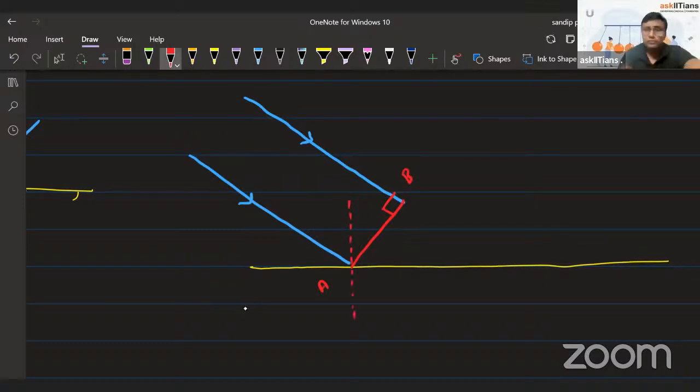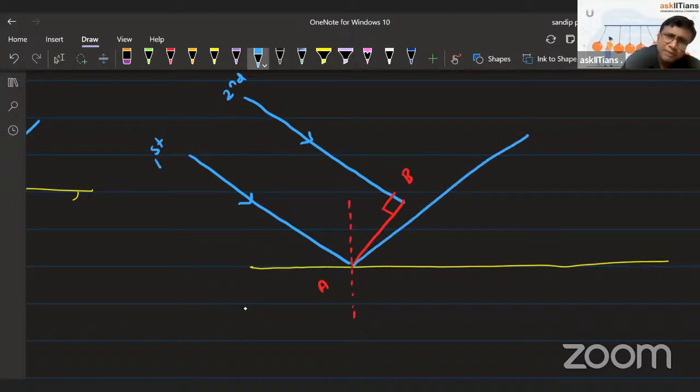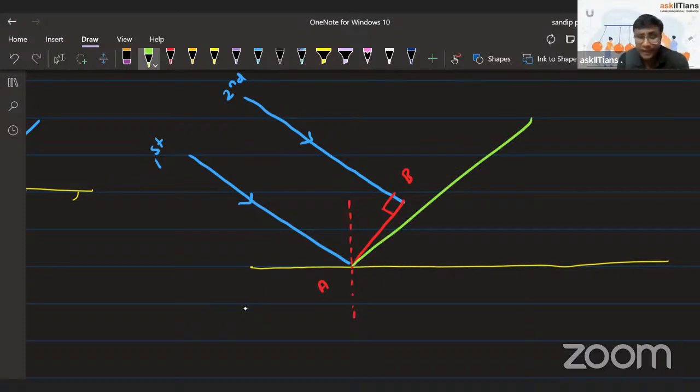Again, we have this normal. Now, what is going to happen at this particular point? The first beam already reached the mirror there. So if it already reached the mirror, it will get reflected like this. Let me show the reflected ray in green color, right? But the second wavefront, you can see, is still in the first phase. It is not reflected, so it is still going in a straight line like this.